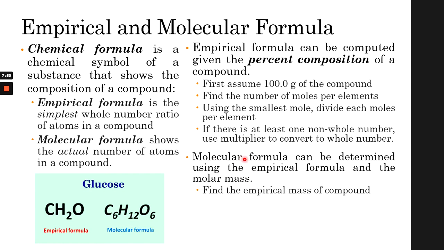First, find the empirical mass of the compound. Empirical mass is basically the total mass of your empirical formula. You find it by looking for the individual mass of the elements in the compound, and by adding those individual masses in your empirical formula, you will find the empirical mass of the whole compound.